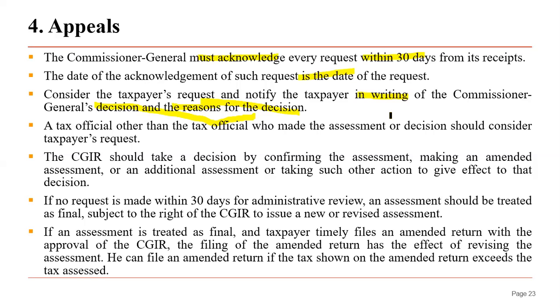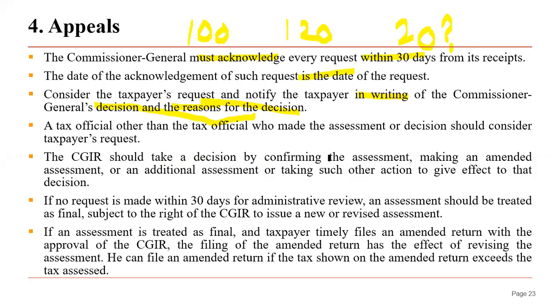So in practice, we need to properly justify the grounds of the appeal in order to win our case. If you really do not want to pay this 20 million, if initially you paid 100 and the department officer issued an assessment of 220, whether you are going to pay this 20 or not, you need to properly justify why you are not paying this 20.